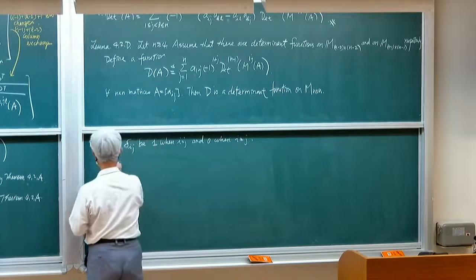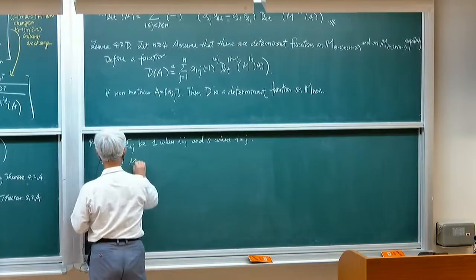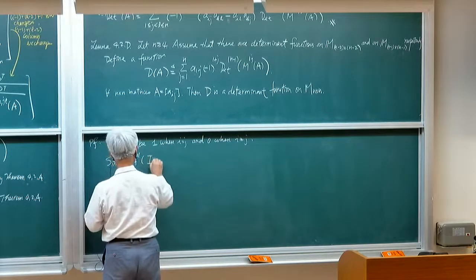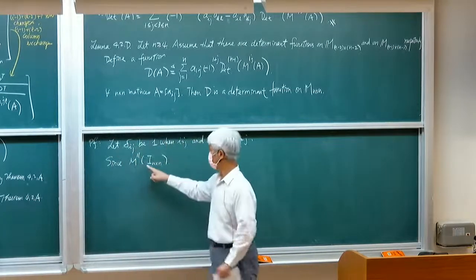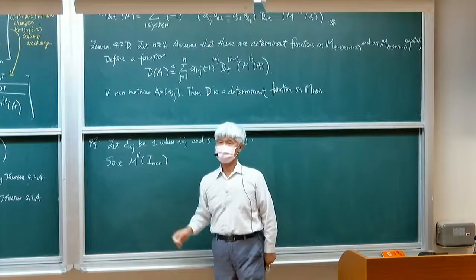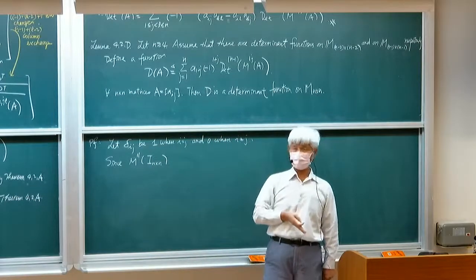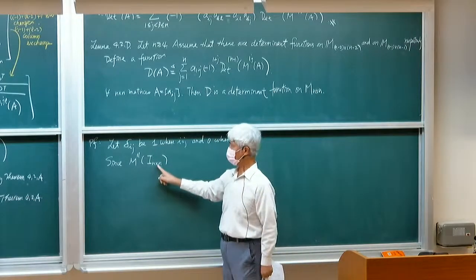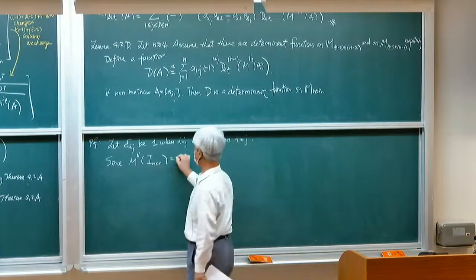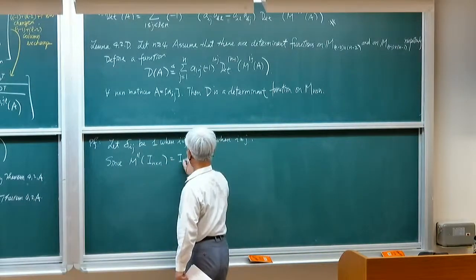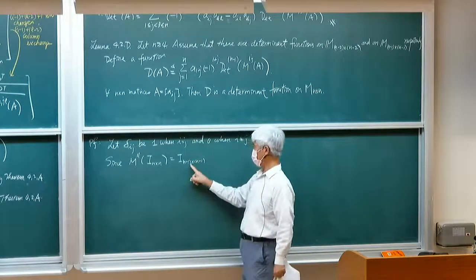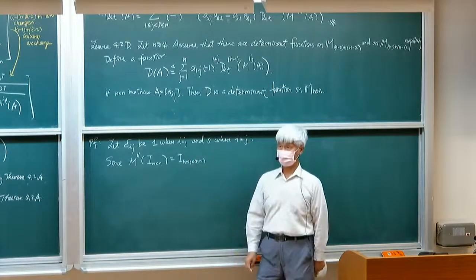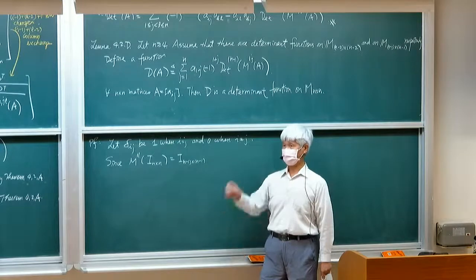Now, the 1 minor of the n times n identity matrix, right? If you delete the first row and the first column of the n times n identity matrix, you will see that it is again the n minus 1 times n minus 1 identity matrix. That is easy, right?